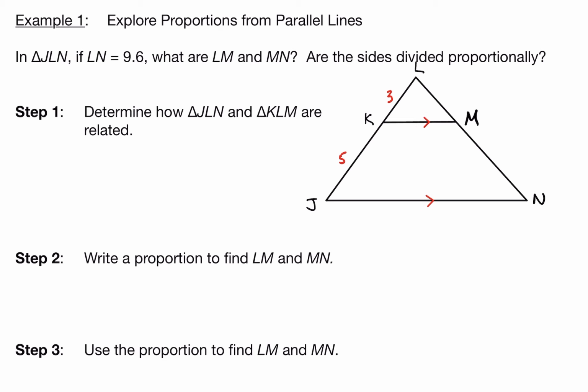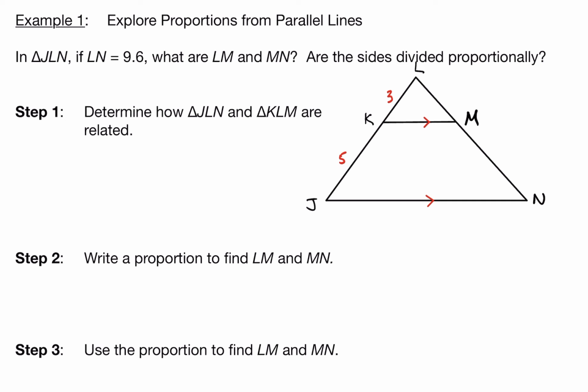And the question here is if the length of LN, so this big right side of the triangle, is 9.6, what are the lengths of LM and MN? So we need to determine the lengths of both of those segments.